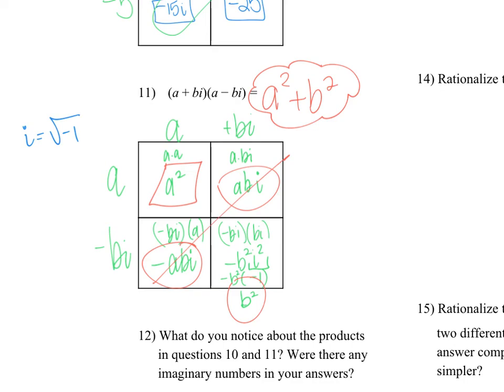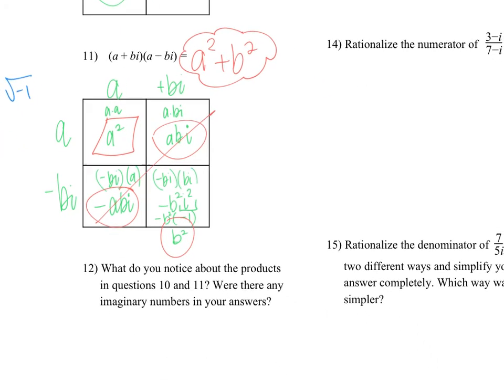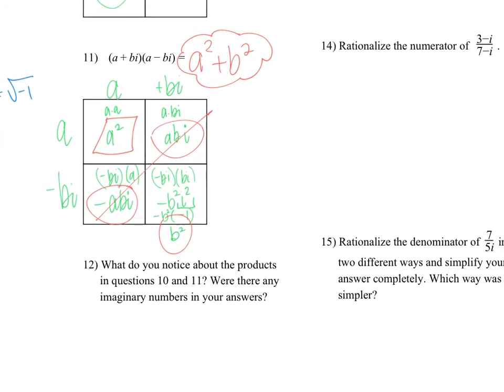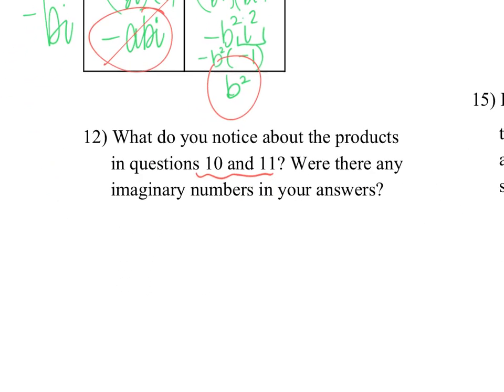And so this will always happen, that when you multiply these special products in 10 and 11, the imaginary numbers all went away. So there's no imaginary numbers anymore.